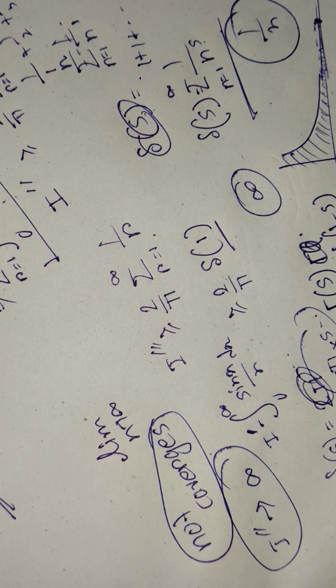This is all for today, and this question is very hard, so be careful. If you can't understand, then pause the video, or you can rewatch the video from the starting. In this video, I tried to cover the type 1, type 2, and the special integral.